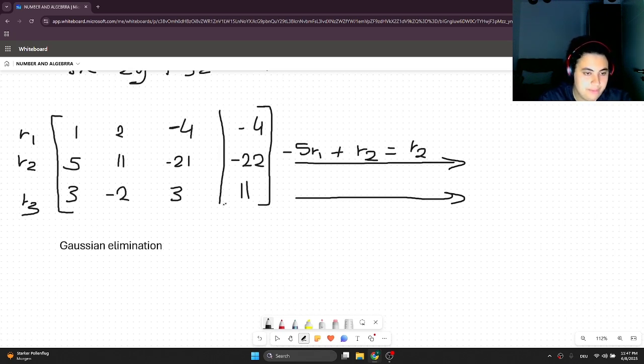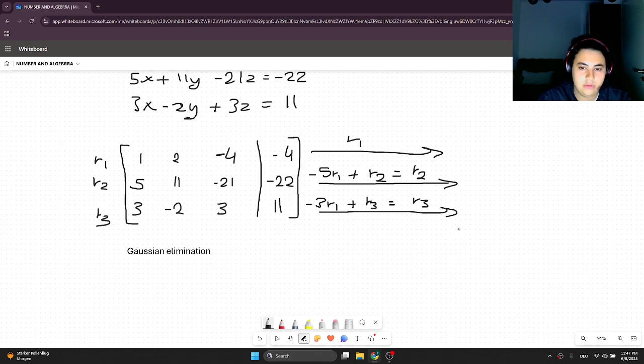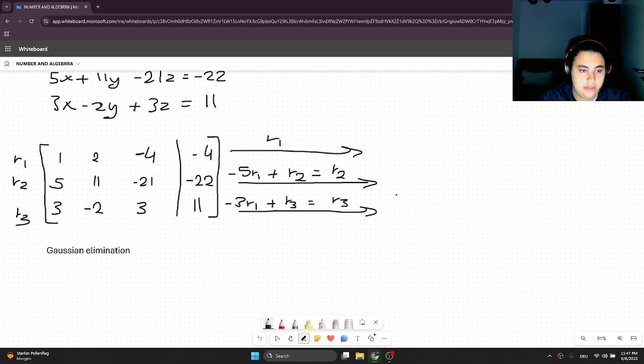Same thing with row 3. What are we going to do to row 1? We're going to multiply it by -3, so -3 row 1, and then add row 3 to it in order to get our new row 3. For row 1, it's just going to be the same. So when we write our new matrix, it's just going to be 1, 2, -4, -4.